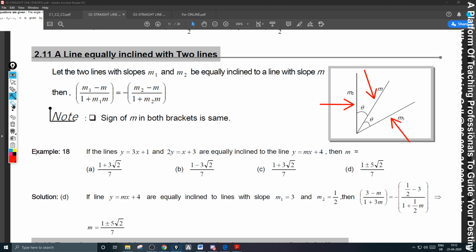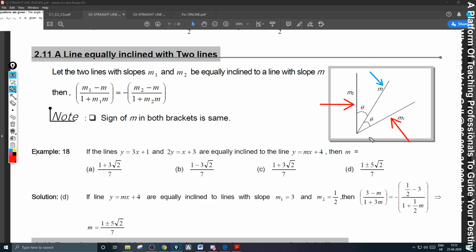I'll change the color of the line which is inclined. This is to be found out, please. Okay, very simple. Here also, they gave it as a formula, but you have to take it as a concept. But what is that precaution to be remembered here?